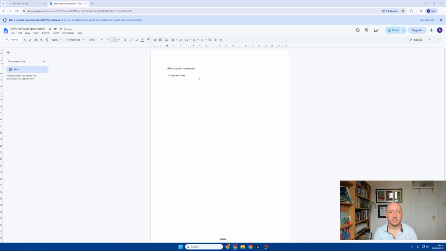Today we covered Pythagoras in some detail, and Rob did really well at identifying the hypotenuse.